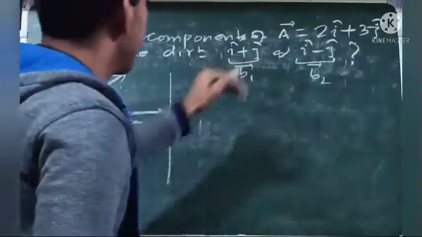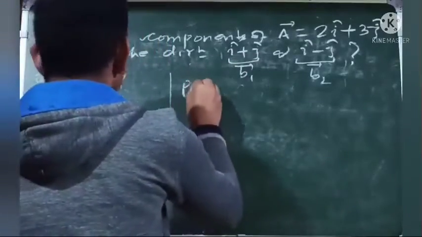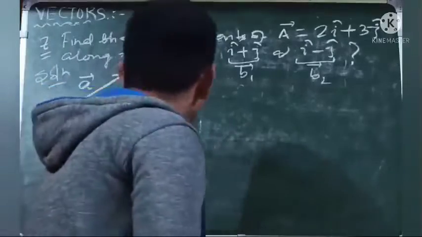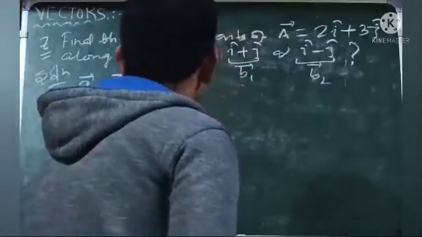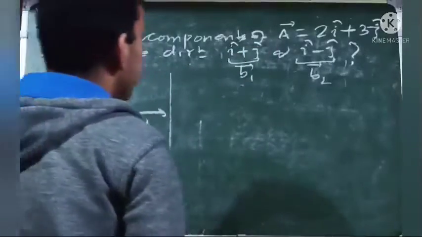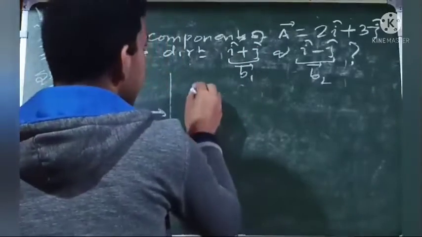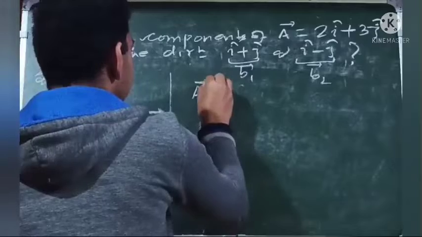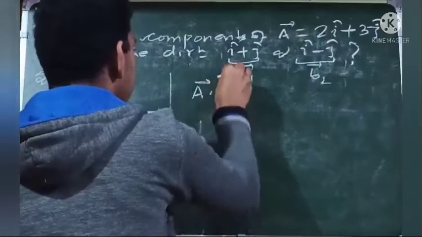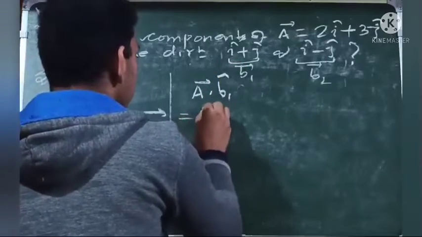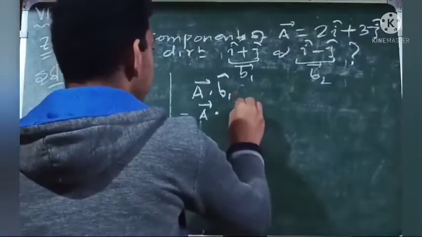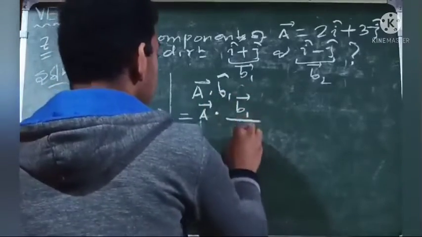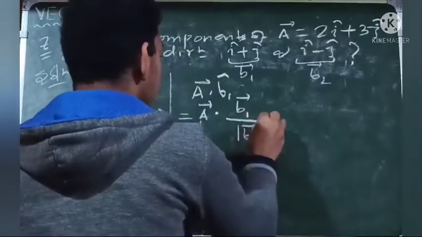So, component of a vector along the direction b1 vector is basically a vector dot b1 cap, which is equal to a vector dot b1 vector divided by magnitude of b1 vector.